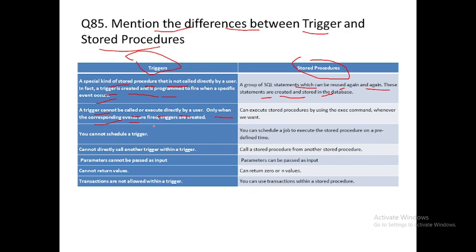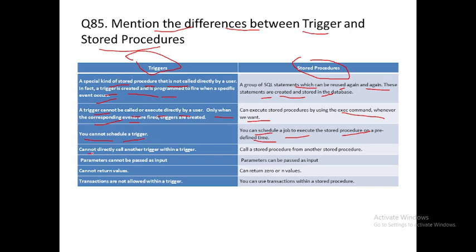In a stored procedure, you can execute the stored procedure by using the execute command whenever we want. In a trigger, you cannot schedule a trigger, but in a stored procedure, you can schedule a job to execute the stored procedure at a predefined time.